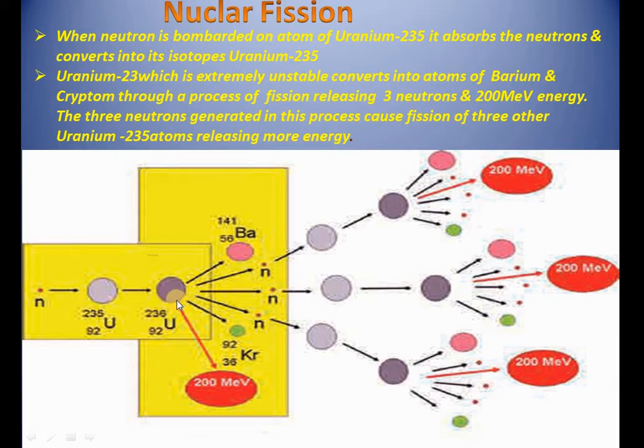Uranium-236, which is extremely unstable, converts into atoms of barium and krypton through the process of fission, releasing 3 neutrons and 200 MeV energy. The 3 neutrons generated in this process cause fission of 3 other uranium-235 atoms, releasing more energy. See here, the fission reaction.